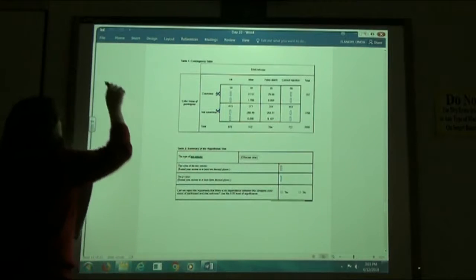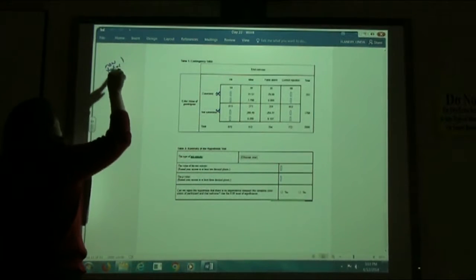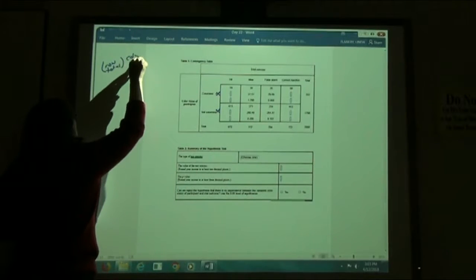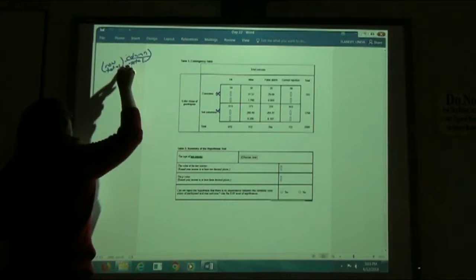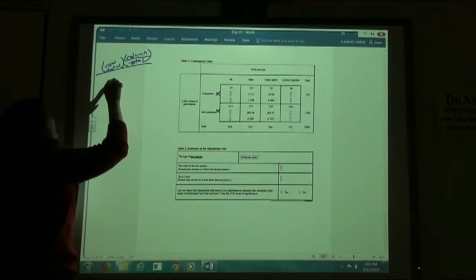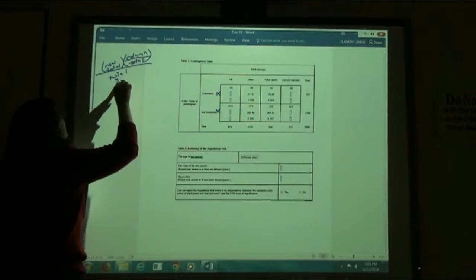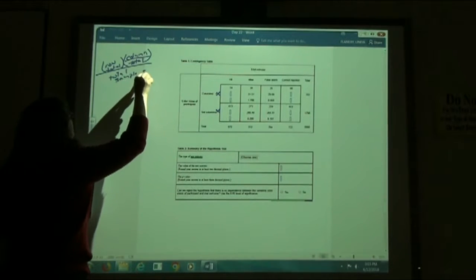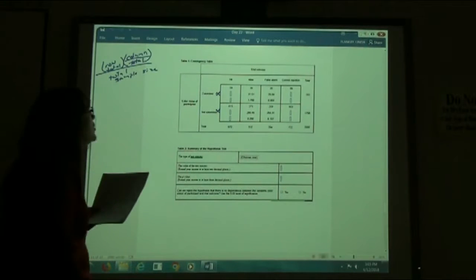We are using our formula: row total times column total, divided by the total sample size. I'm going to do all those calculations in blue, so that way you know those are the expected calculations.